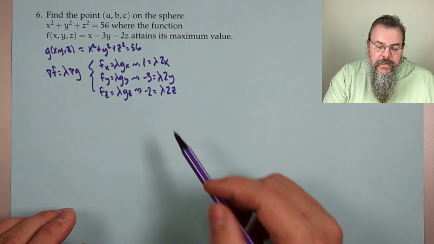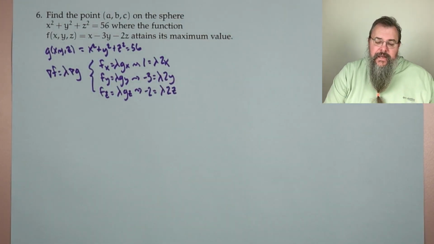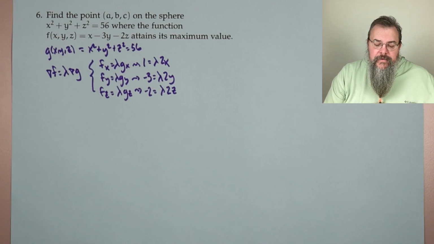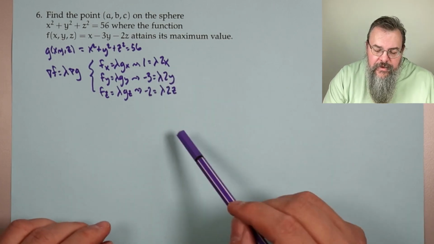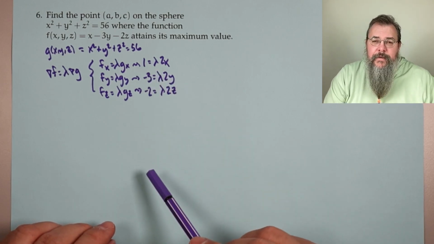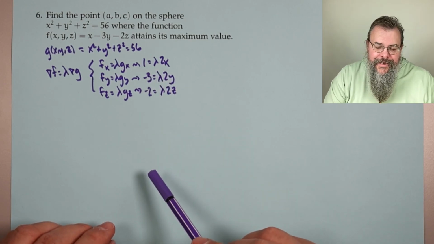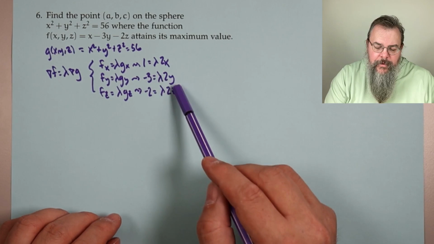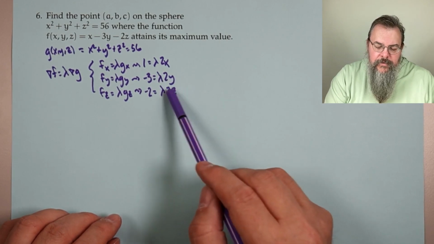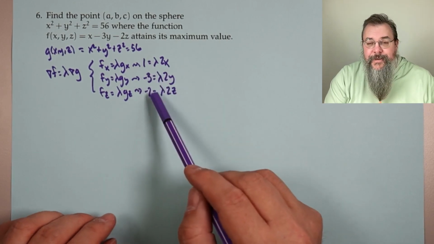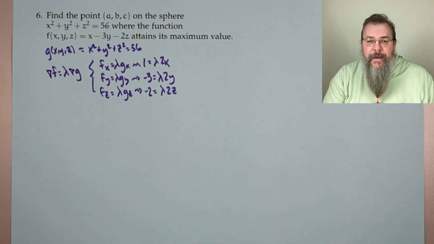Well, we have three equations, and this is one of those times we would say, let's solve. We know none of x, y, and z are 0. We know lambda is not 0. And you might say, how do we know that? Well, because if any of x or y or z were 0, we'd have 0 times something equals a non-zero number. Same thing for lambda.